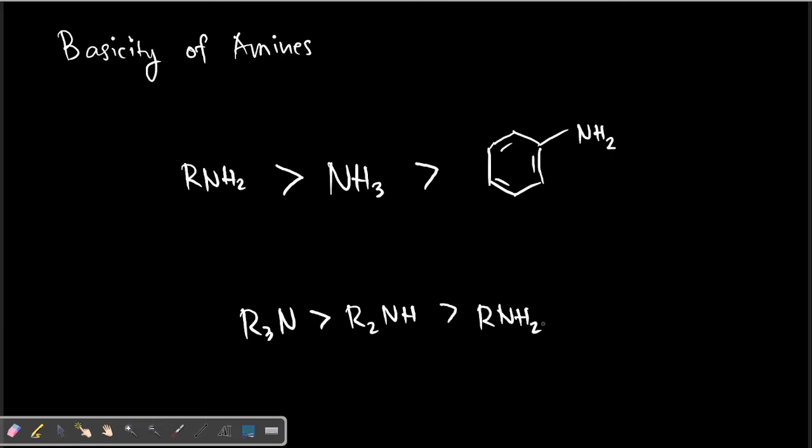Basically dahil doon, yung R group natin actually can be considered as a stable cation. And dahil dun sa stability ng cation na yun, mas nagiging basic yung ating mga aliphatic amines kaysa sa ating aromatic amines. So bakit mas nagiging basic yung aliphatic amines kaysa sa aromatic amines?